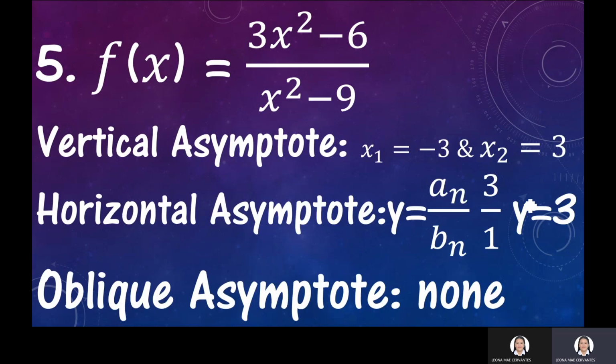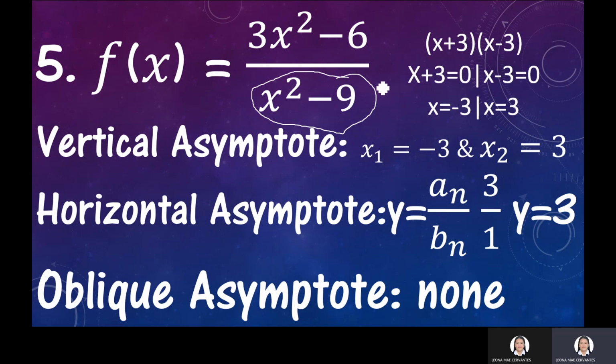Next, number 5. F of x is equal to 3x squared minus 6 over x squared minus 9. The denominator is x squared minus 9. Let's factor it first. It becomes x plus 3 times x minus 3.